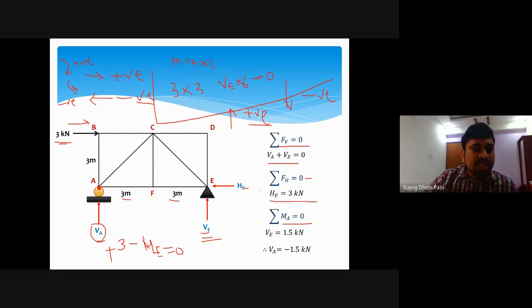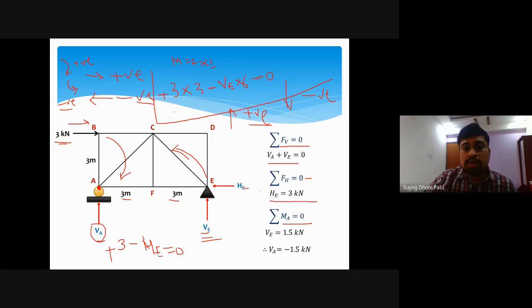If we think about this 3 kilonewton force acting about this joint A, it is moving in the clockwise direction, so we can say this is positive. Again, VE acting about this means this force is acting in this direction, so we can say this is an anti-clockwise direction. So anti-clockwise we take as negative, so VE will be negative.